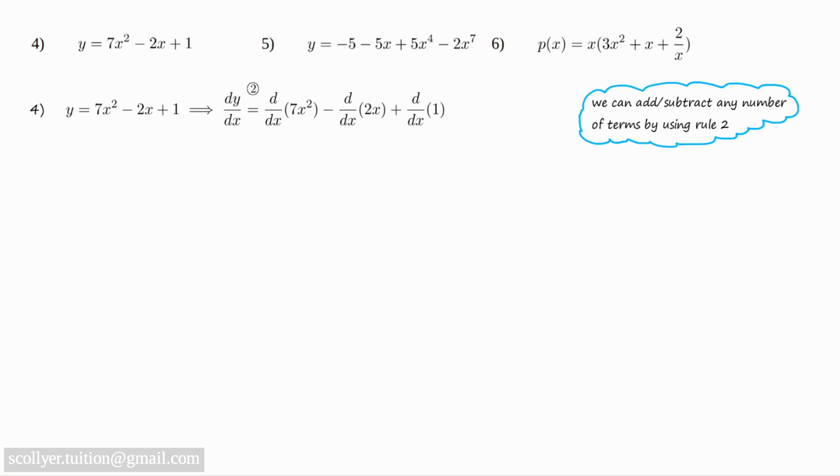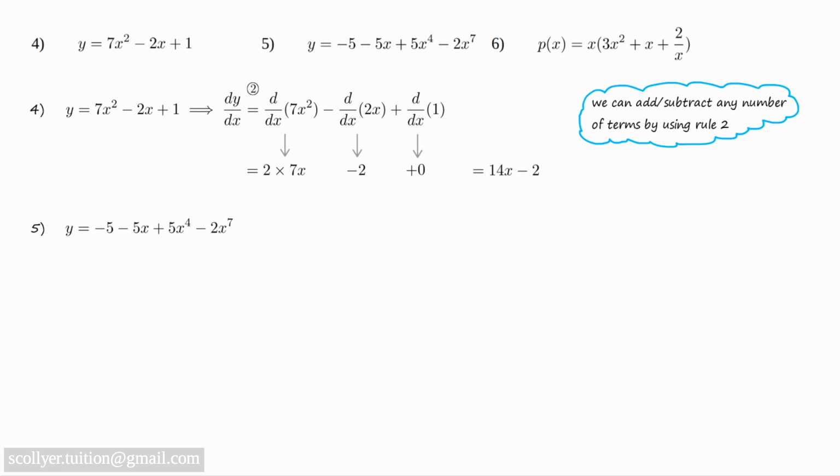And now we apply the appropriate rules to each term to obtain 2 times 7x minus 2 plus 0, which simplifies to 14x minus 2. And so if y equals 7x squared minus 2x plus 1, then dy by dx equals 14x minus 2.